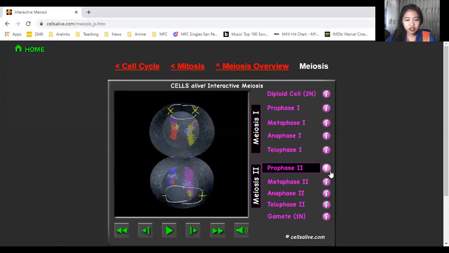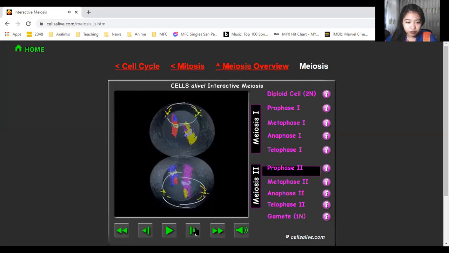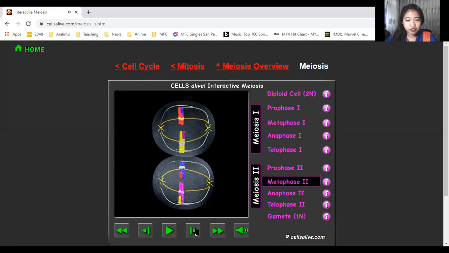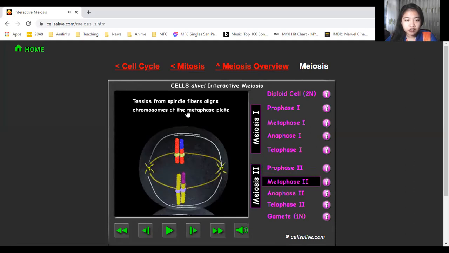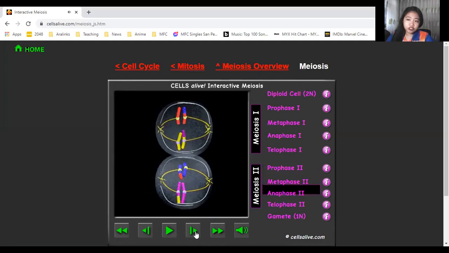Okay, so, tignan na lang natin dito. Yan. So, spindle formation. Yan. So, dadalhin yung mga ano sa bawat pole. Yan. So, ngayon sa metaphase 2, yan, naka-align na sila. Yan. Re-align at the metaphase plate. And then, the sister chromatids are broken apart.